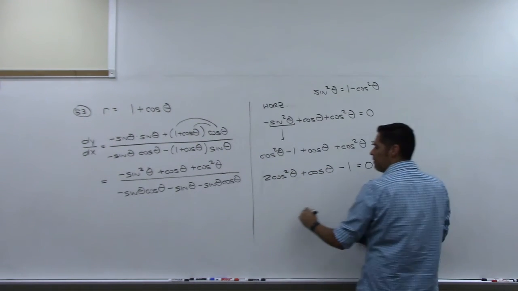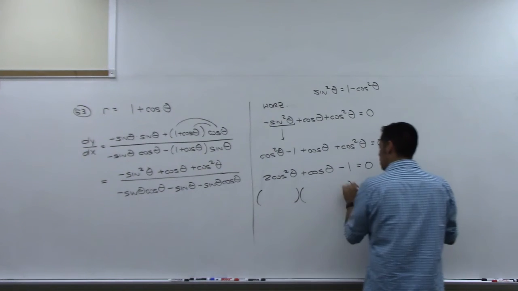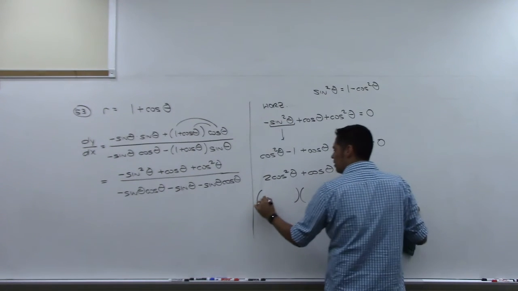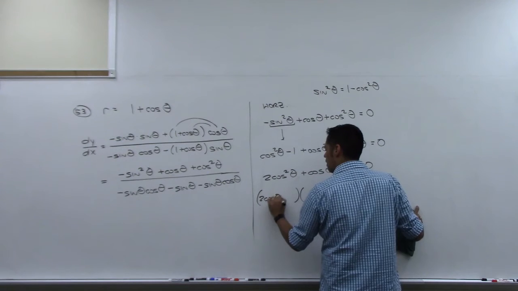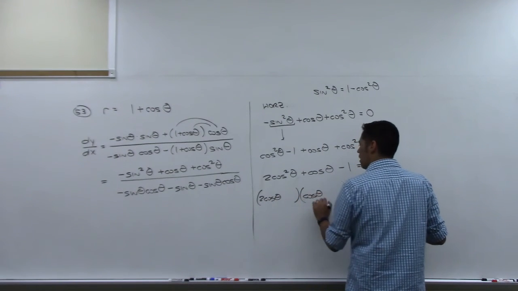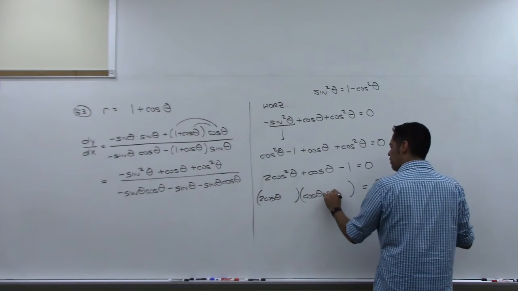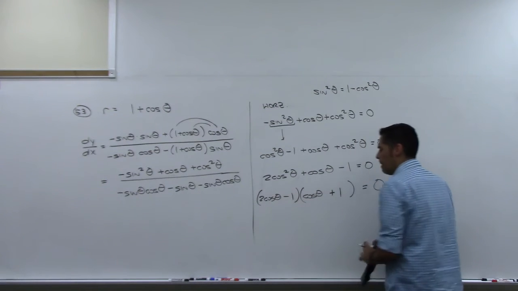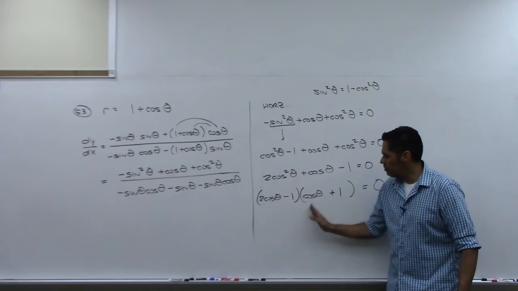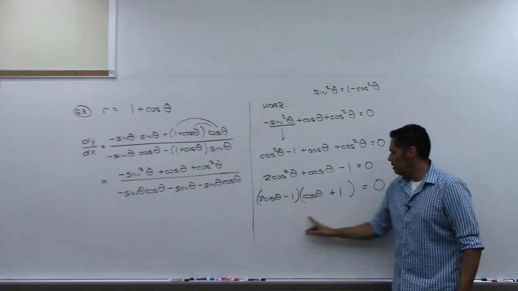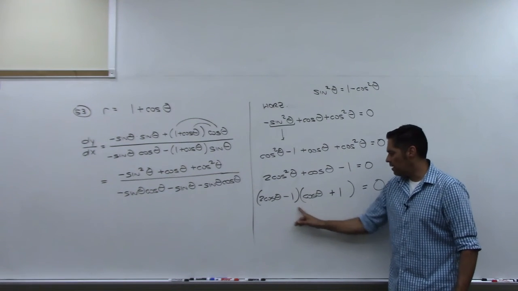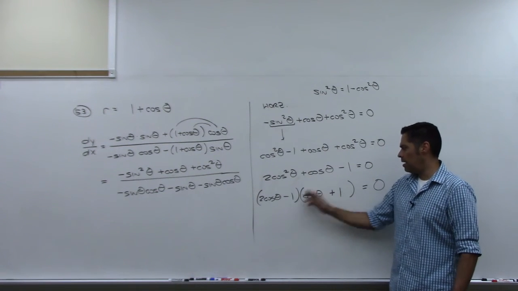This is a quadratic form trig equation. So I should be able to factor this. Let me try it. 2 cosine theta, cosine theta. I need a positive in the middle, so I'm going to go plus 1 and minus 1. And just double check. 2 cosine squared theta. 2 cosine theta, take away a cosine theta is cosine theta, and then negative 1.